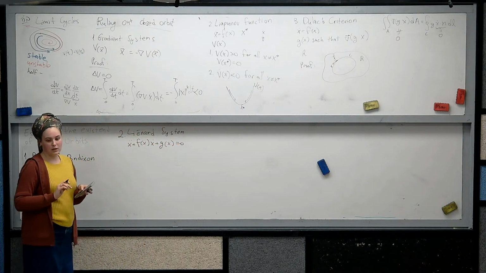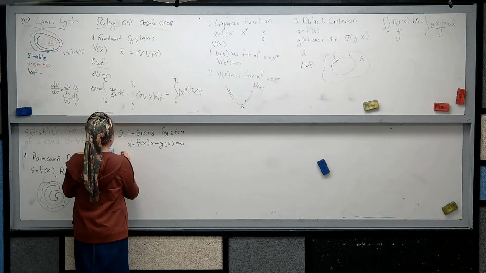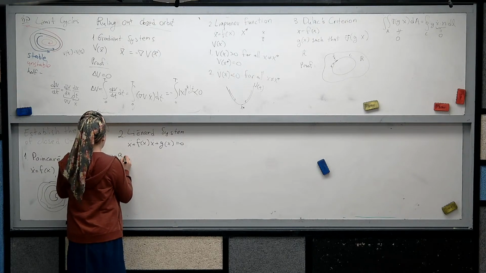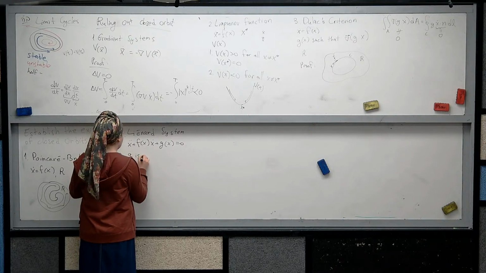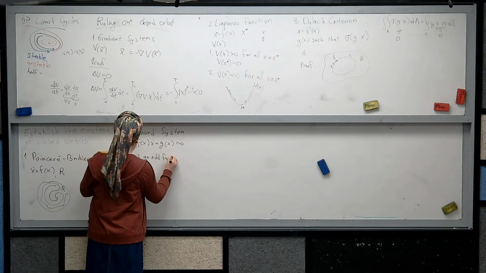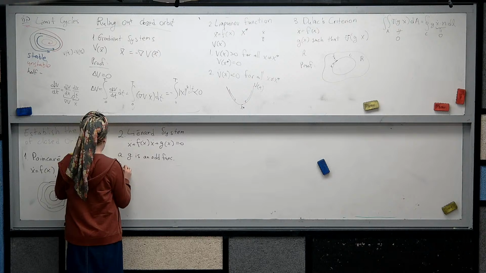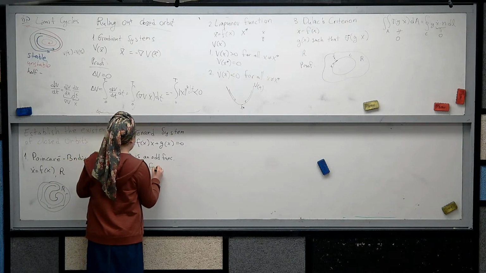There will be a stable closed orbit if, first, g is an odd function. Second, g is positive for x positive.